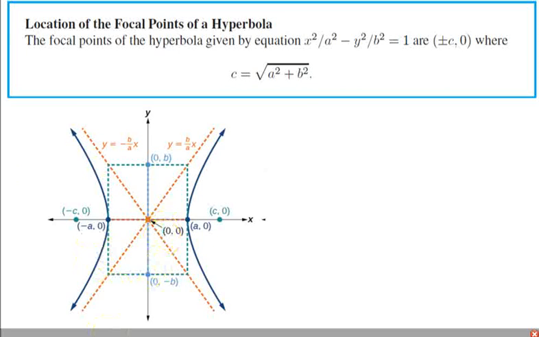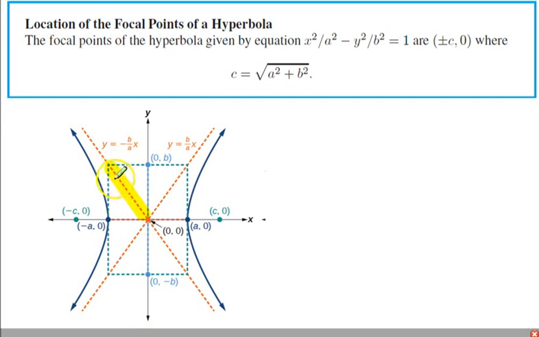As you can see here, we have our hyperbola rectangle of length 2A and height 2B. And if I were to figure out the length of the hypotenuse of the right triangle with sides length A and B, this would be the length of the hypotenuse.